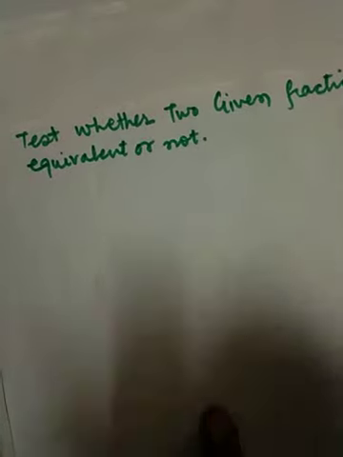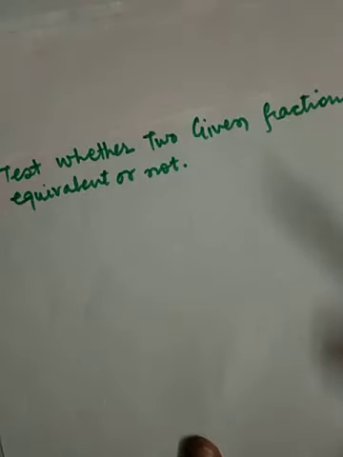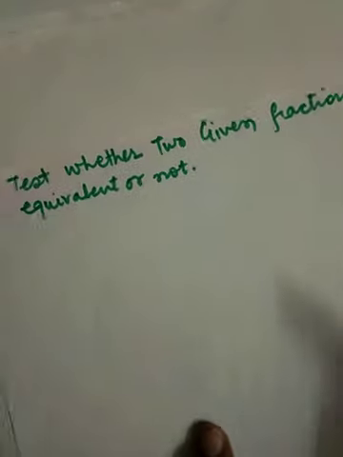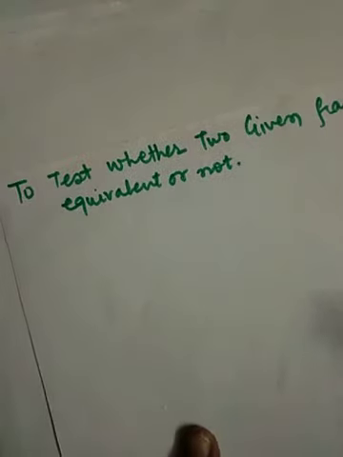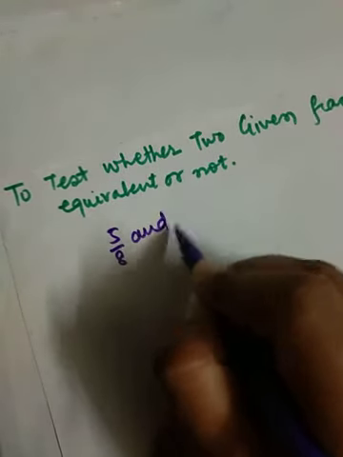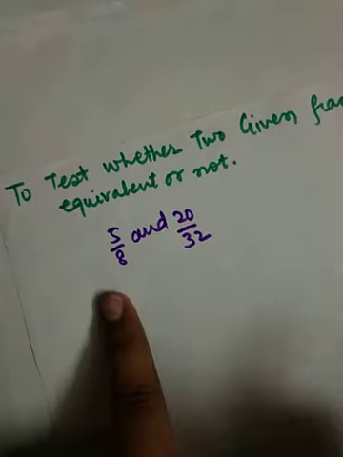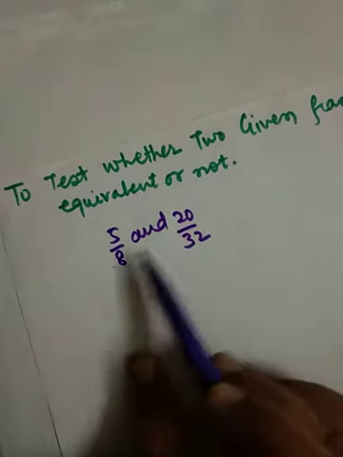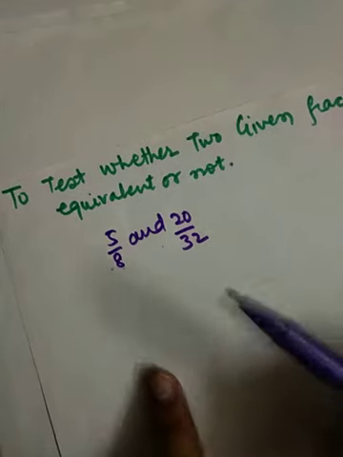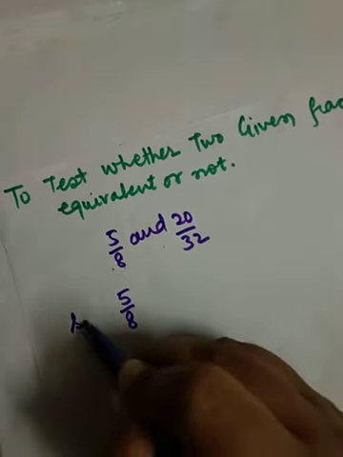Now next is the test to check whether two given fractions are equivalent or not. Suppose we have taken two fractions like 5 by 8 and 20 by 32. See, how can we find whether these two fractions are equivalent? Solution.